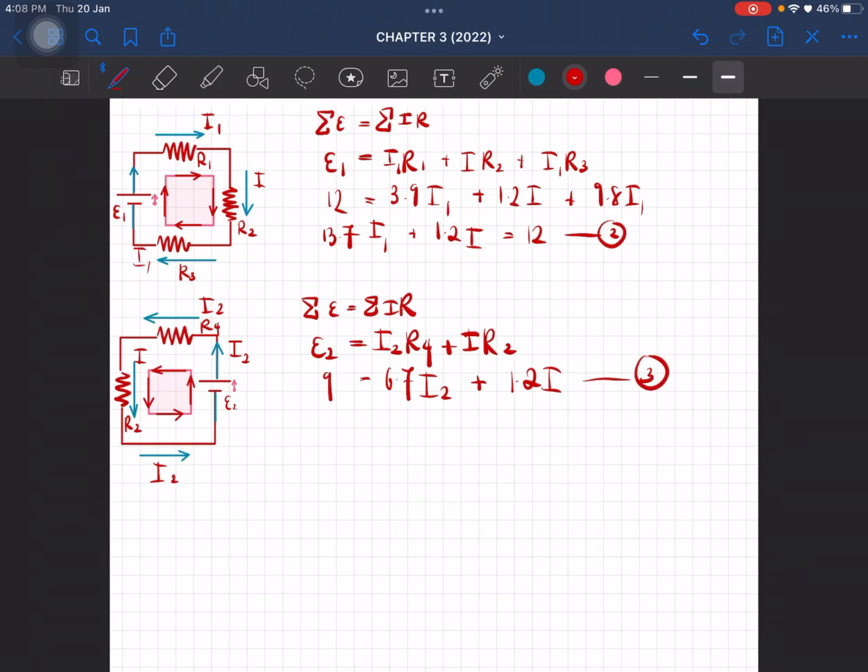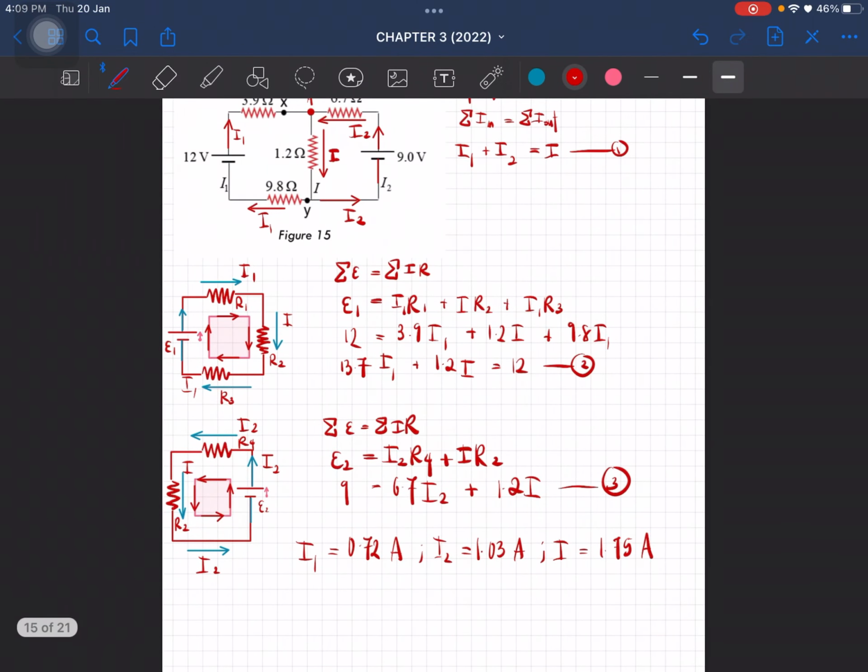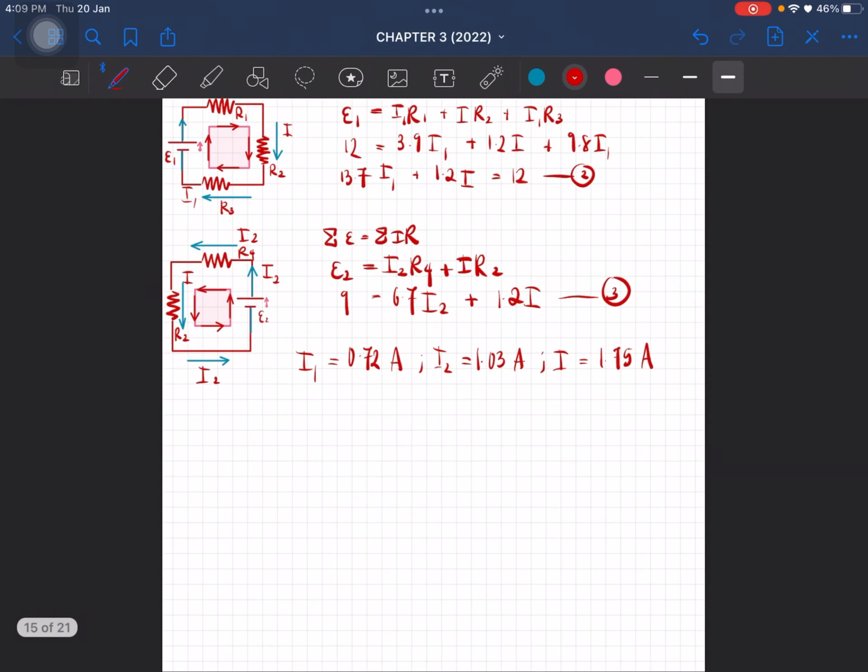Now you can solve the simultaneous equations, where you should get I1 equal to 0.72 ampere, I2 equal to 1.03 ampere, and I equal to 1.75 ampere. Okay, you solve that using your calculator and simultaneous equations. You should get that.